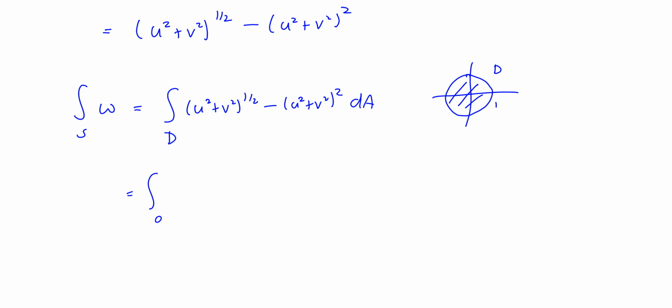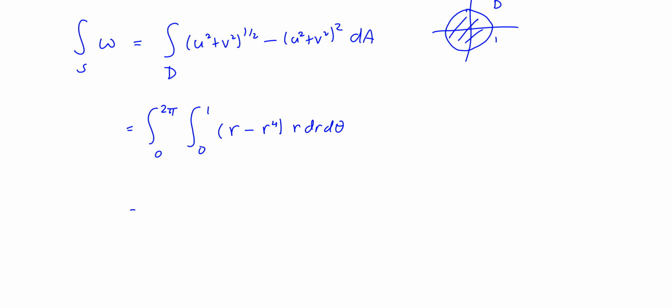This is the integral from 0 to 2 pi, integral from 0 to 1, and I have (r squared) to the 1/2, so this is r minus r to the 4th, r dr d theta. If we evaluate this integral, this ends up just being pi over 3. Not a difficult integral, just do a little work there to work that out.